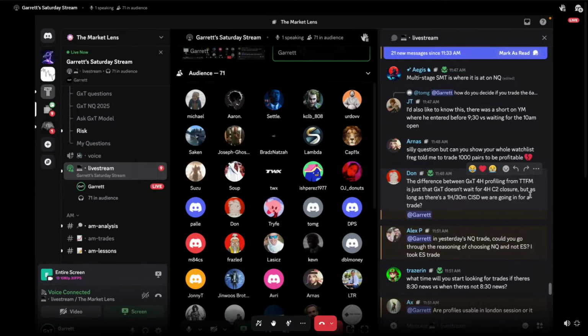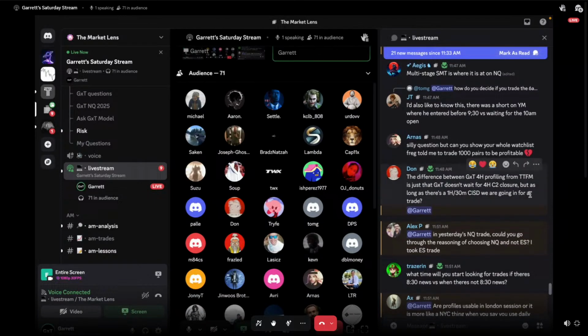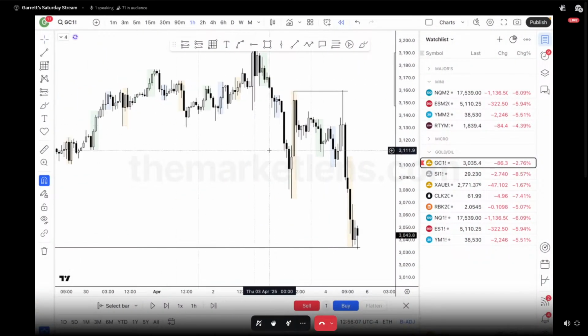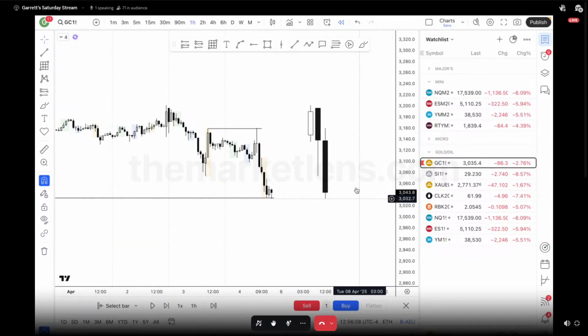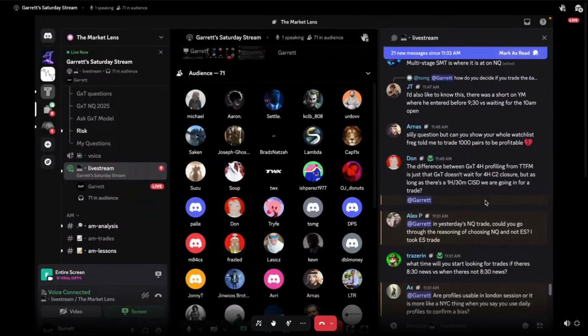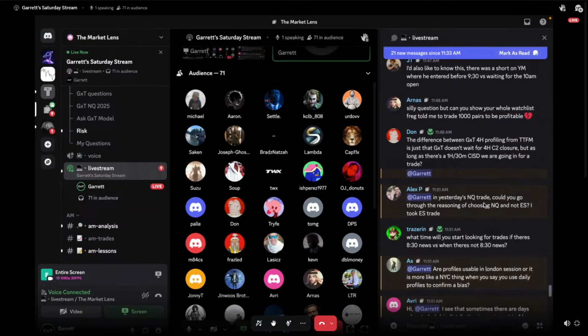I specifically focus on profiling because I can't trade every day, obviously, but when the framework is there, I will trade it, because I will trade a 1-hour or 4-hour model that is supported by the daily candle. So I don't need a higher time frame closure like maybe T trades requires. I don't necessarily need all this framework on the higher time frame. But I just get deeper into profiling, which makes up for it.